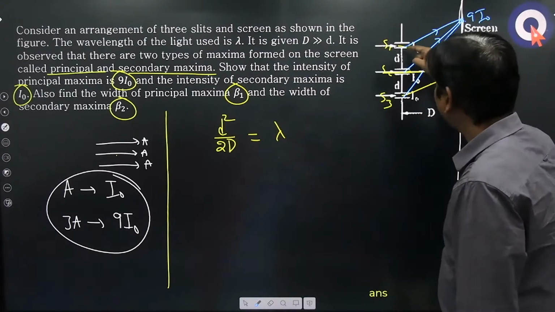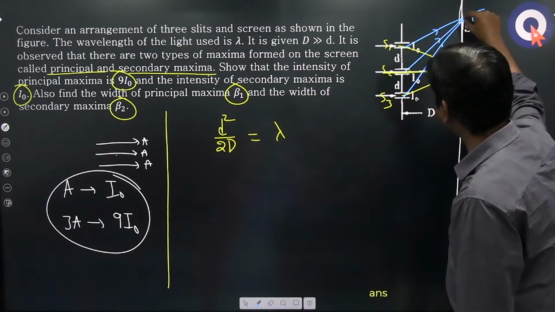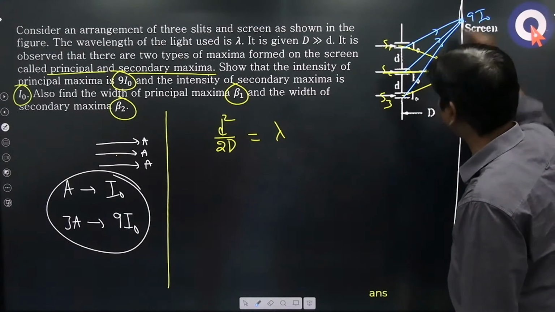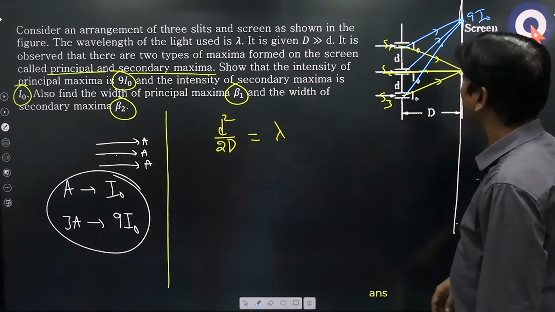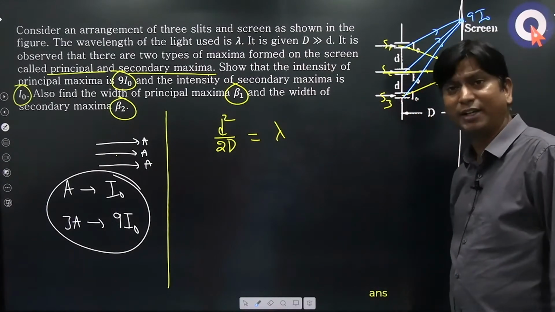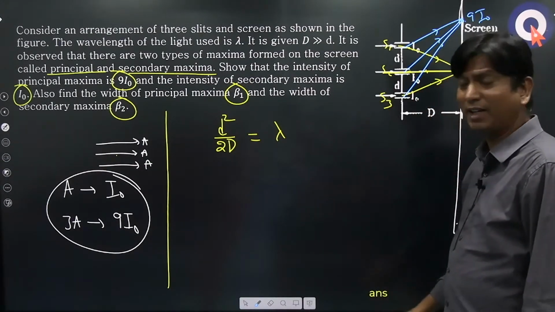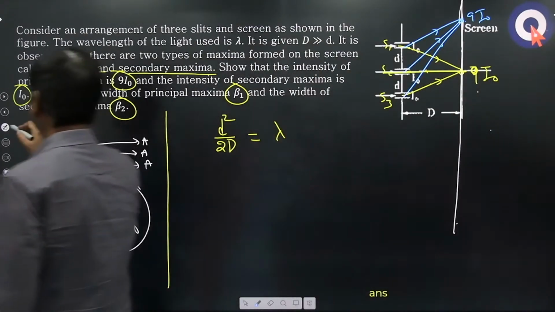Means first these 2 should interfere constructively, and when these 2 are interfering constructively, automatically these 2 also will interfere constructively, because whatever the path difference you will get between S1 and S2, same path difference you will get between S2 and S3. Why? Because this is D, this is also D, and D is very much less compared to capital D, right or not? See, something like this.